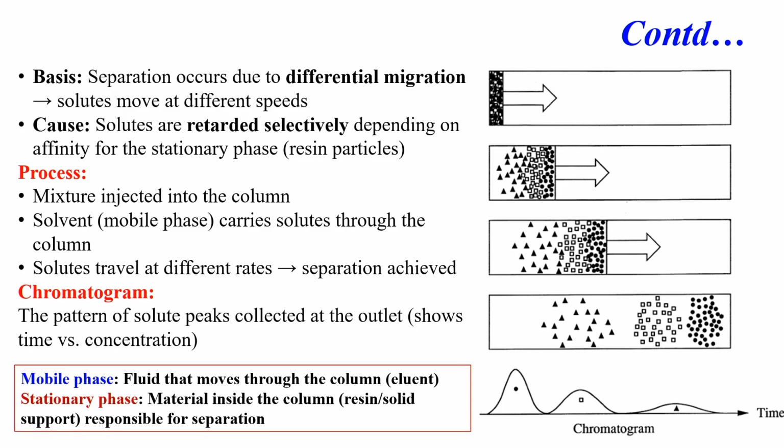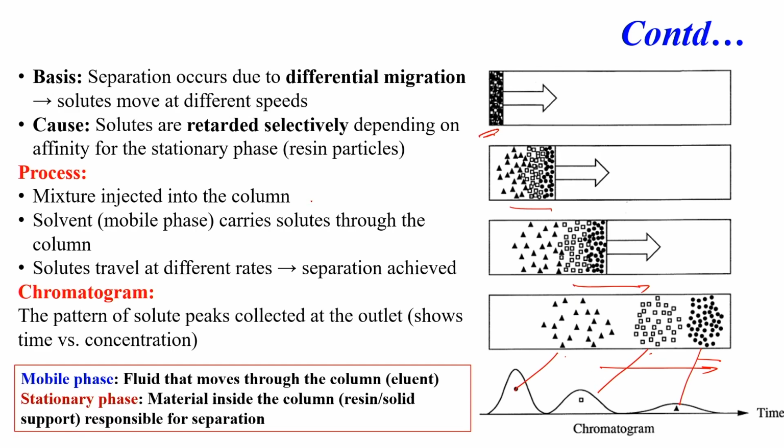So, you just see here you have loaded your samples, and as they progress, you have a mixture of, let us say, 3 distinct compounds, and at the end all 3 are separated, and correspondingly you are getting 1 peak here, 1 peak here, and 1 peak here.